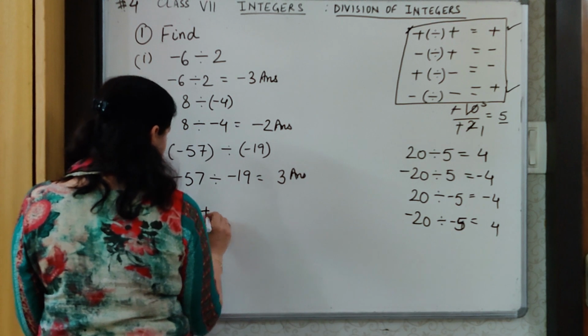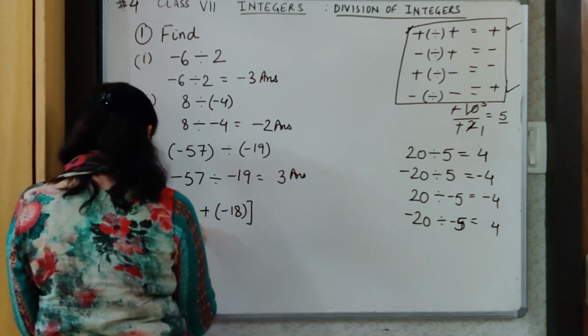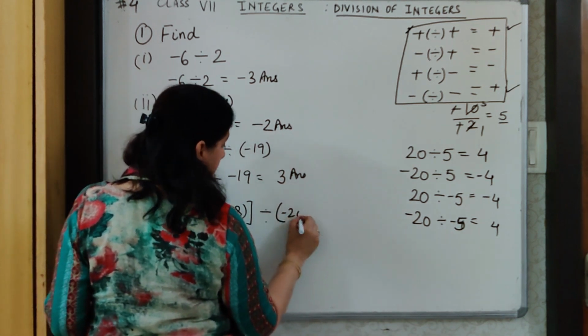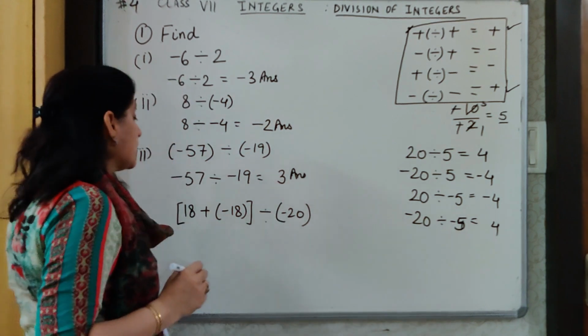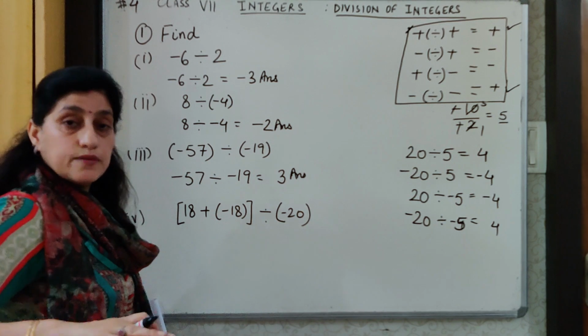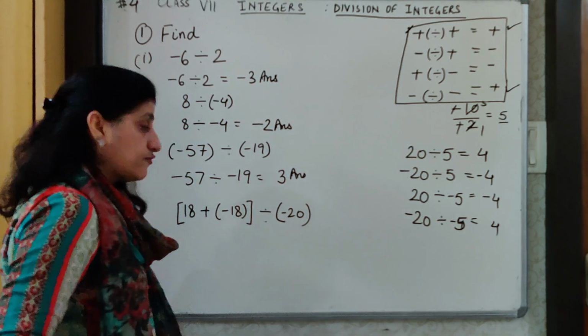18 plus minus 18, the whole thing in the square bracket, divided by minus 20. Now here we will follow the BODMAS rule because BODMAS is applicable to every question, and we will solve this bracket first.